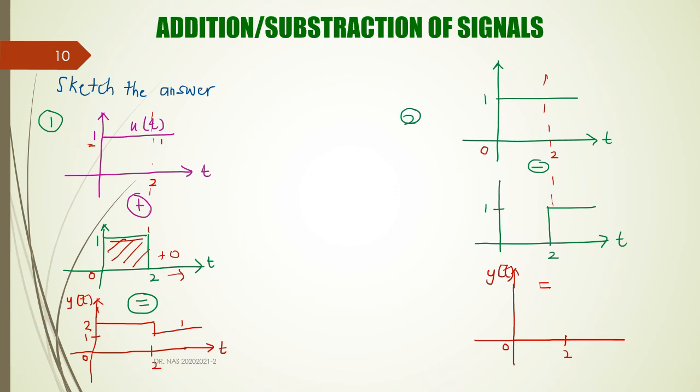You have an amplitude of 1, but here it is minus. 1 minus 0, you get 1. And from 2 onwards, 1 minus 1, you get 0. So this is your final output.